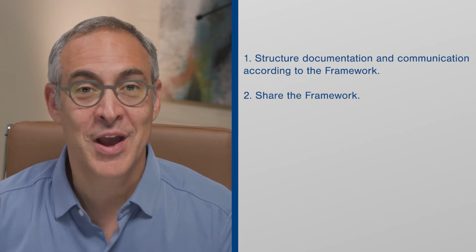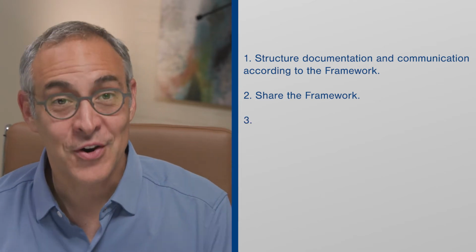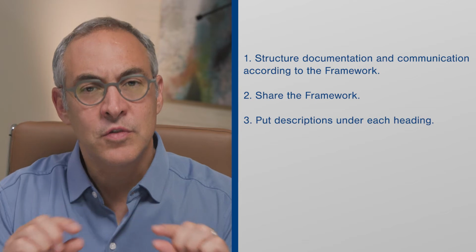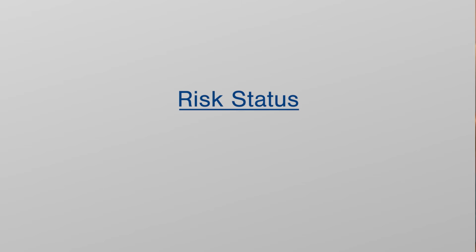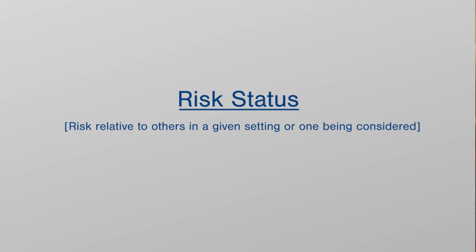May generate their curiosity. Third, put descriptions into your documents under each heading. Rather than just writing risk status, you can actually pull right from the framework. Say risk status, parentheses, brackets, risk relative to others in a given setting or one being considered.